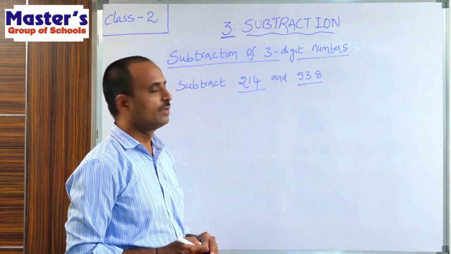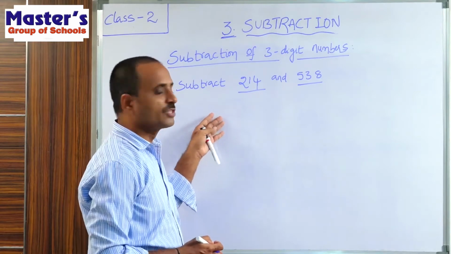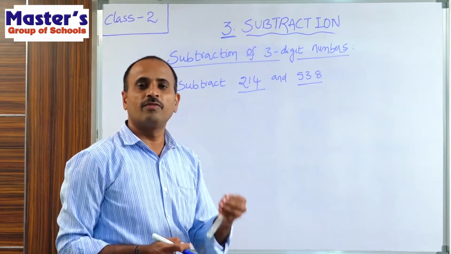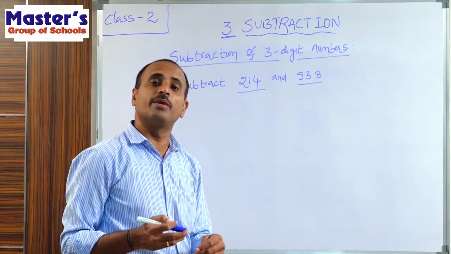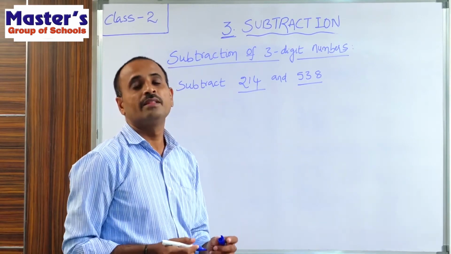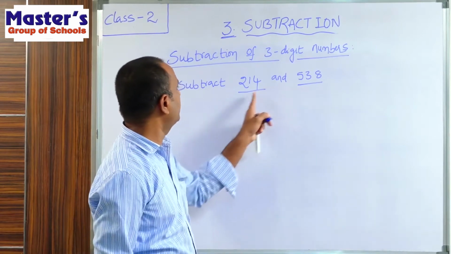three-digit numbers? Write the bigger number first and write the smaller number below it. The first step is to write one number below the other. So first we have to write the greater number, then write the smaller number below the greater number. Which one is greater?